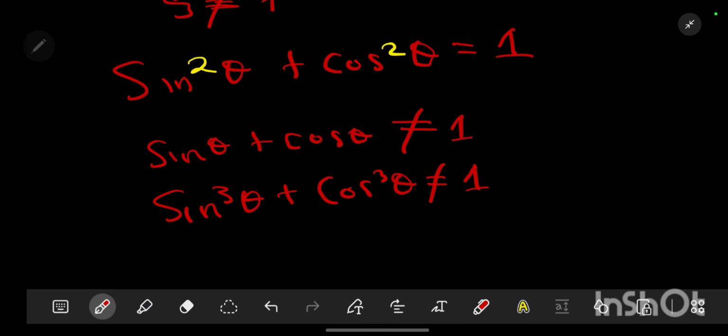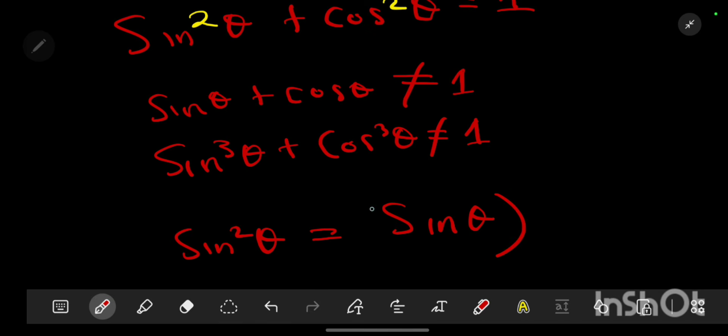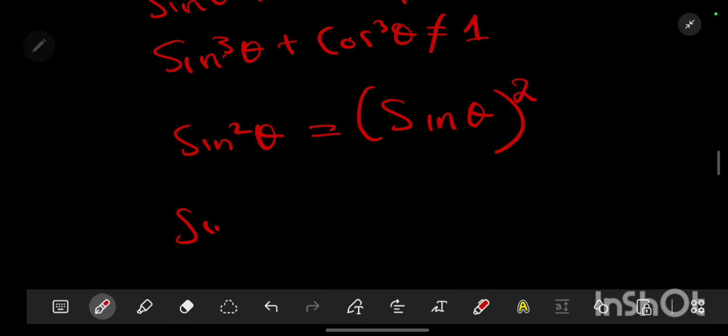By the way, if I say sine squared theta, this actually means sine theta in brackets to the power of 2. So sine cubed theta is the same as sine theta in brackets to the power of 3. This power is affecting everything.